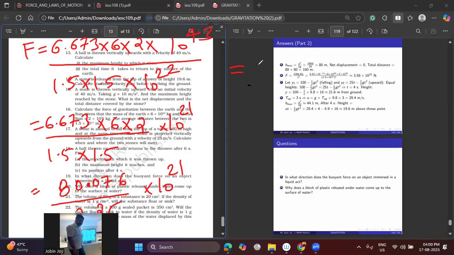So when you divide this, we will get 35.58 into 10 raised to 21. So this is force, the unit is Newton. So 35.58 into 10 raised to 21 Newton.